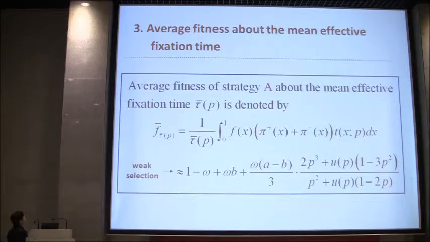Next, the average fitness about the mean effective fixation time. The average fitness of strategy A about the mean effective fixation time tau bar p is denoted by F bar here. Under weak selection, we can get the expression.